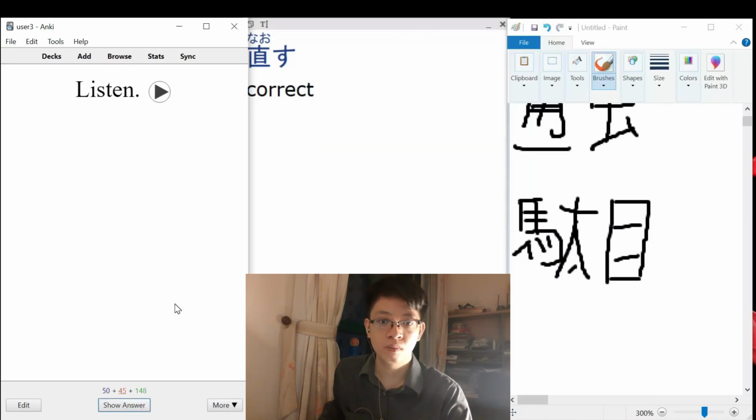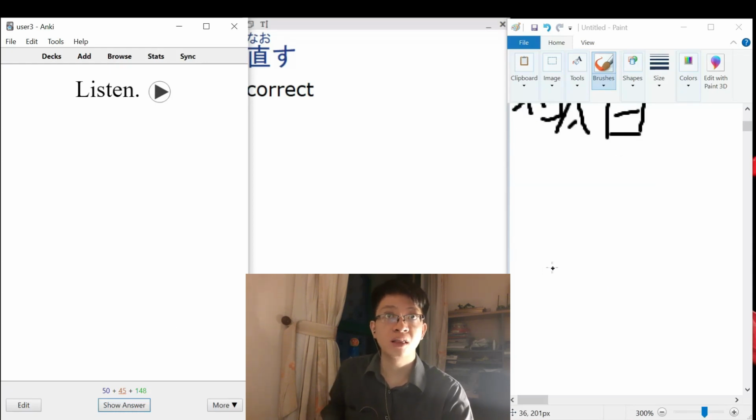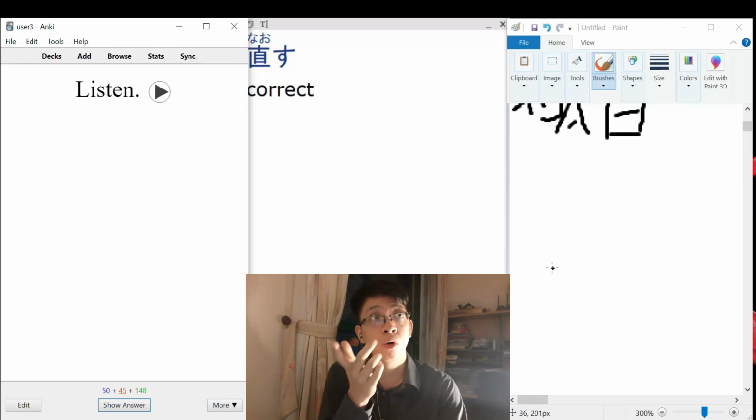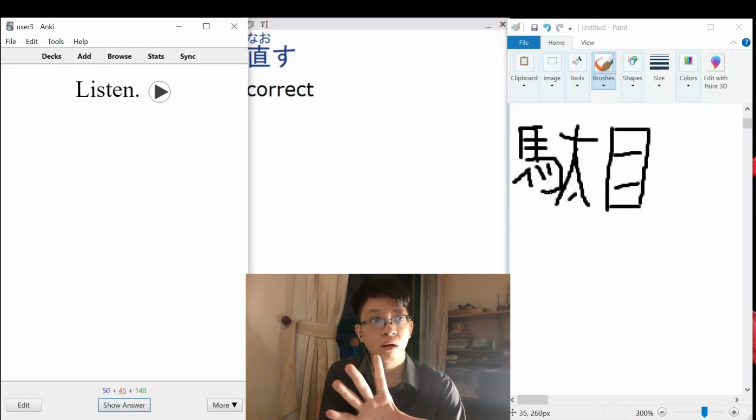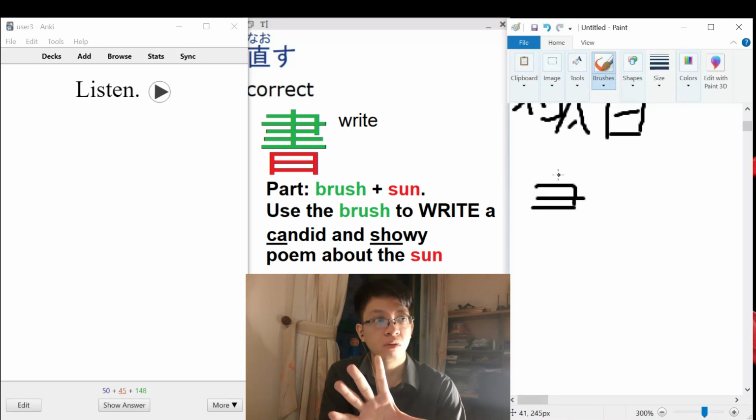この書類を書き直してください。 Okay, so we have one more new kanji that we learned from yesterday in this sentence. Shorui means document, and the first kanji is the one that means to write, right? Yeah, so this one is a brush, and then we have the sun, and it means to write.